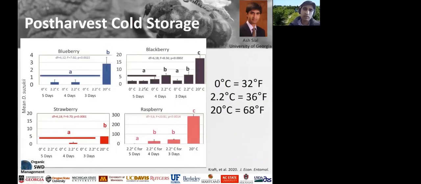Last but not least, if you have harvested a fruit and you suspect there may be some infestation there, you can still do something, and that is refrigerating fruit at lower temperatures between 32 to 36 Fahrenheit. That will do a couple of things. Number one, it will kill most of the larvae inside the fruit.